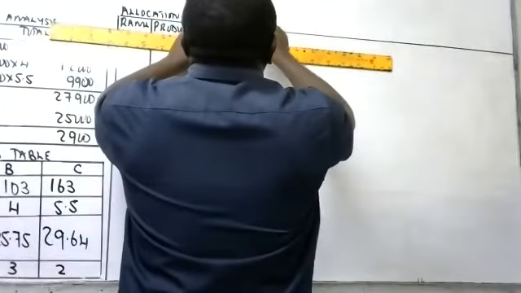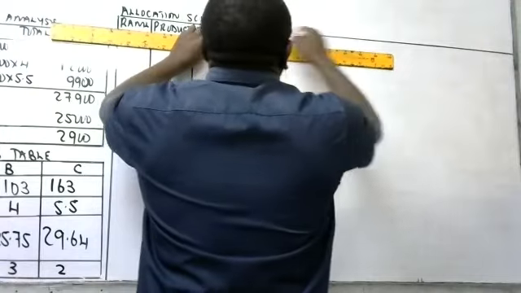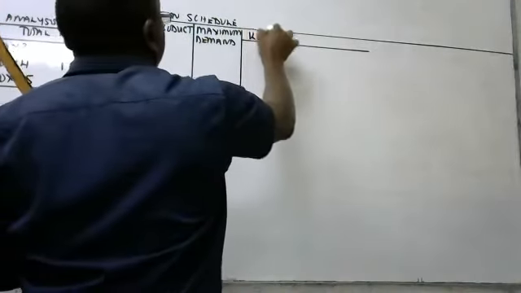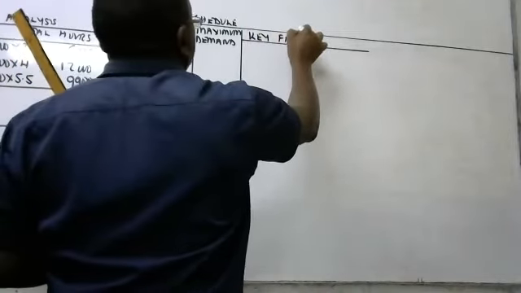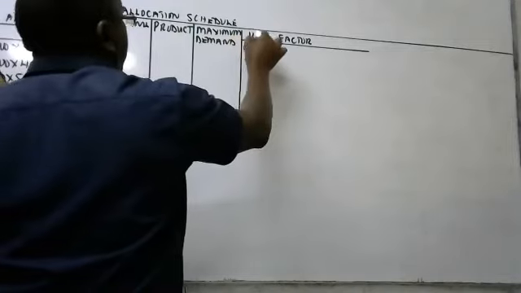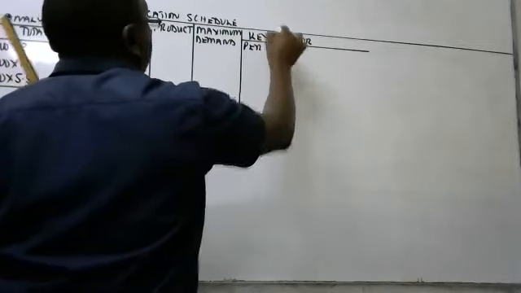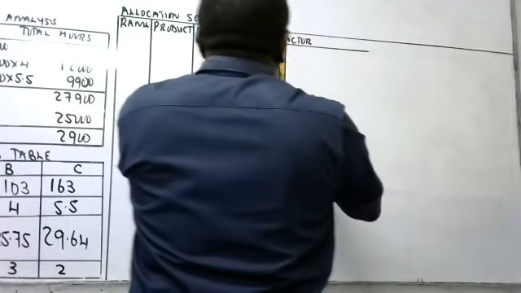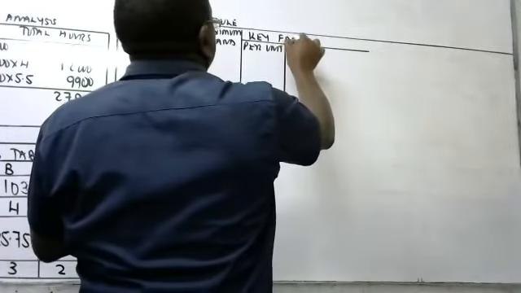Then we have the key factor per unit. We have the available.